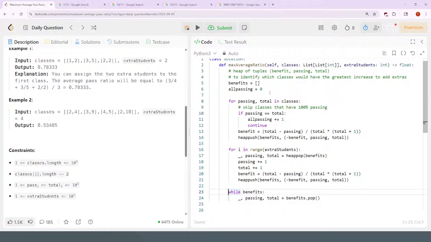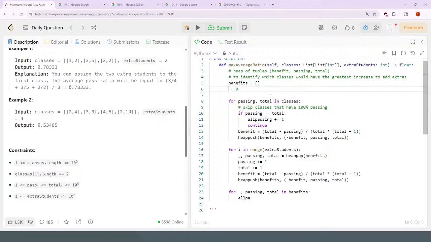Actually, I can just go through each individually. So for every passing and total in the benefits heap, all passing is not really quite the thing here.